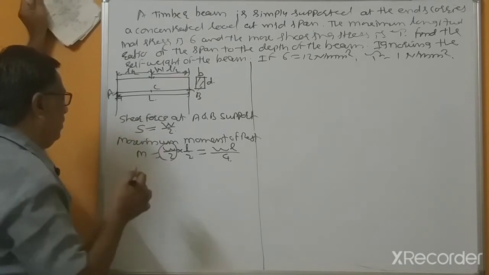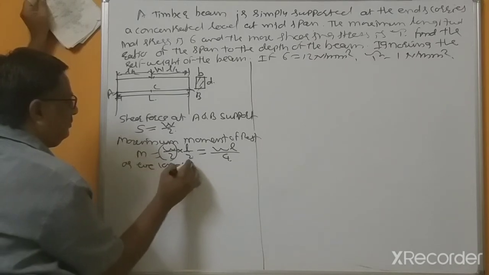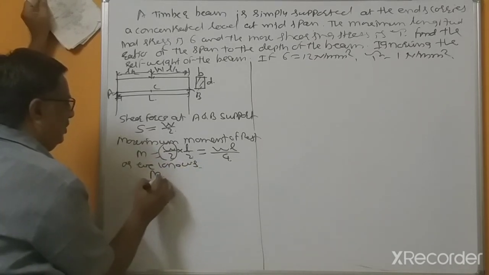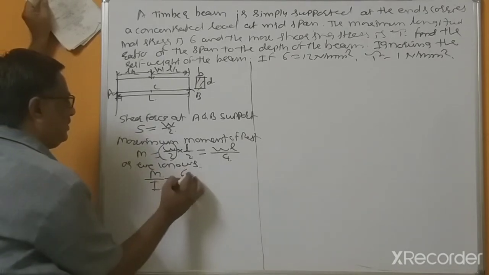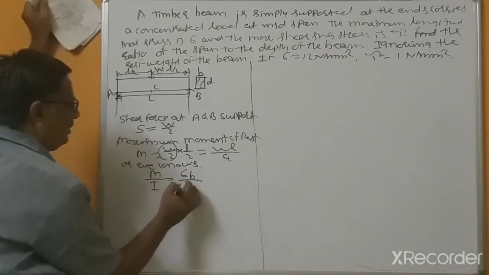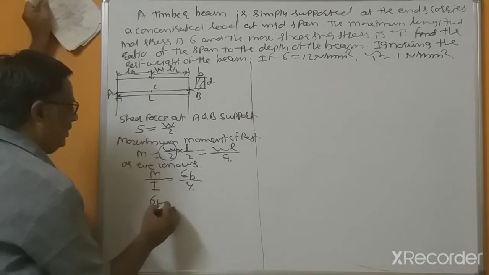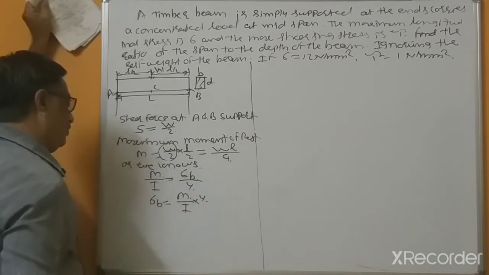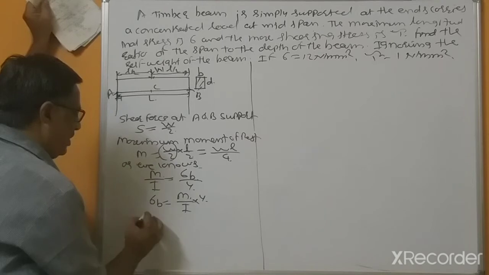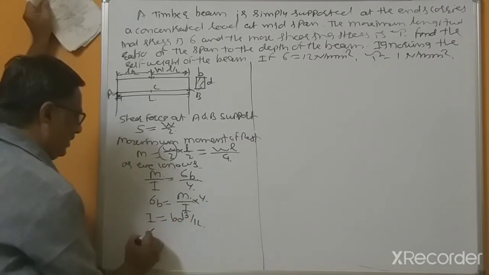Now, as we know, M divided by I equal to sigma B divided by Y. So sigma B equal to M divided by I into Y. I equal to BD cube divided by 12.